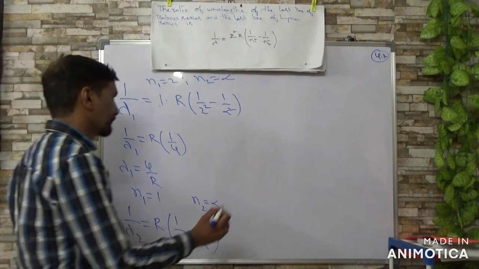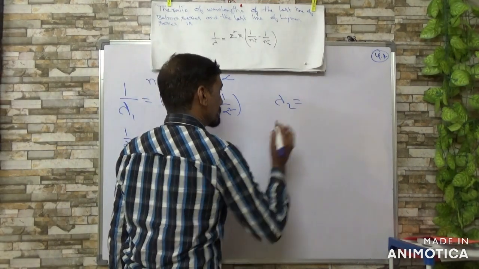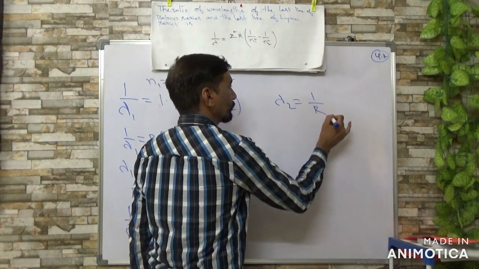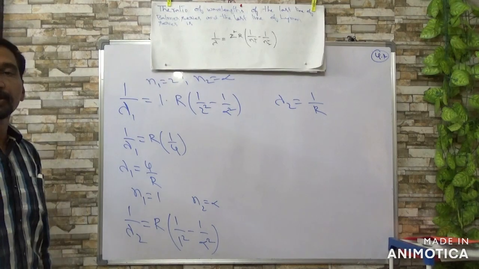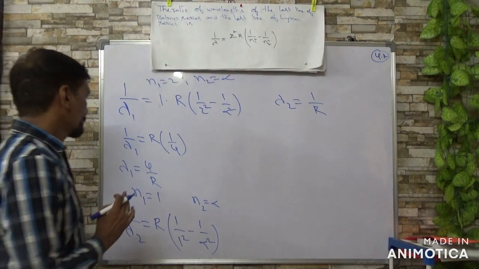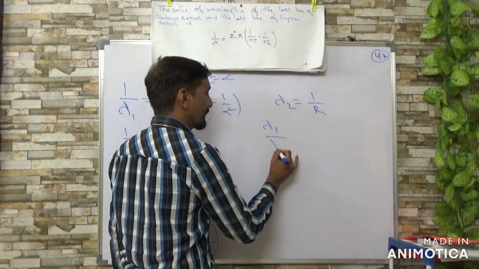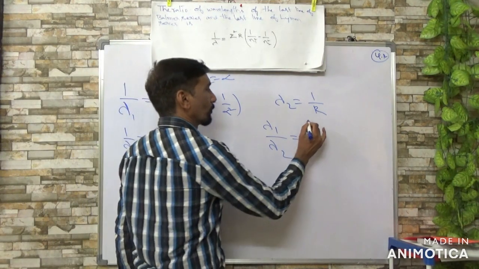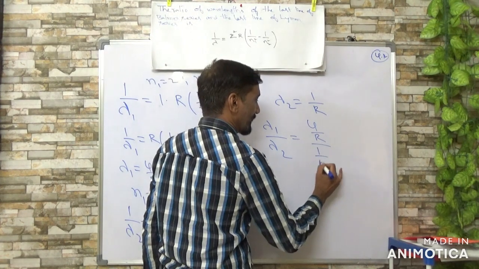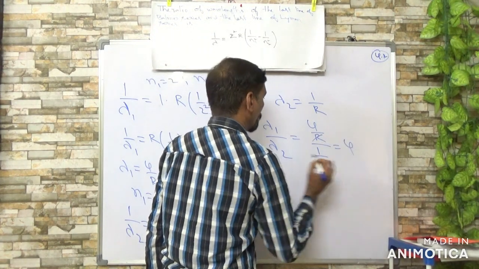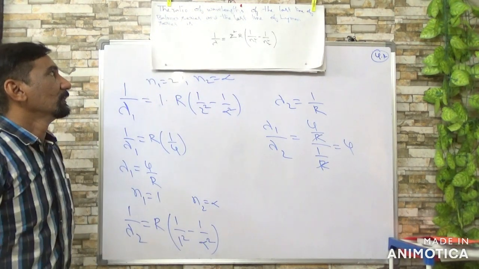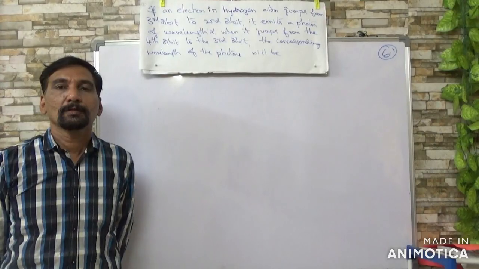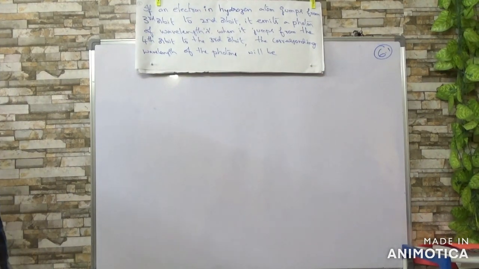So lambda 2 is equal to 1 by R. Okay, you want to find the ratio of wavelengths, so lambda 1 by lambda 2. Lambda 1 is 4 by R, divided by 1 by R. Cancel, you get 4 times. So the ratio of wavelengths is 4:1.